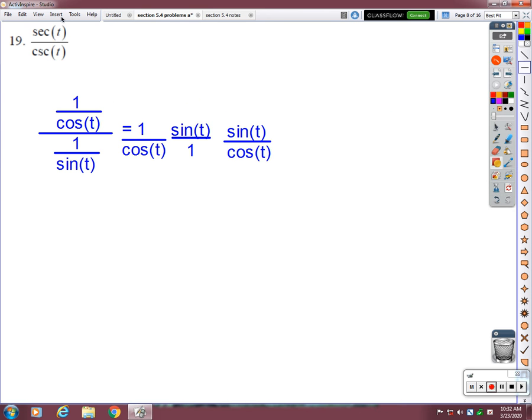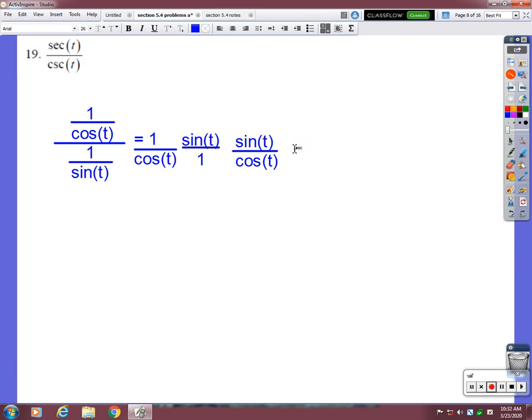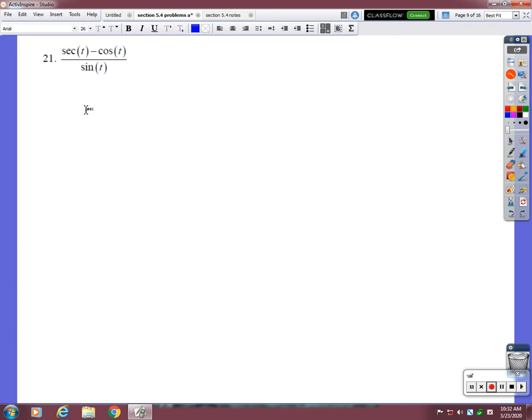So we've changed that secant divided by cosecant and rewritten it as tangent. And there should be an equal sign also. Okay. Alright, not so bad.